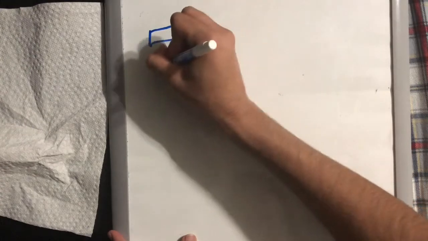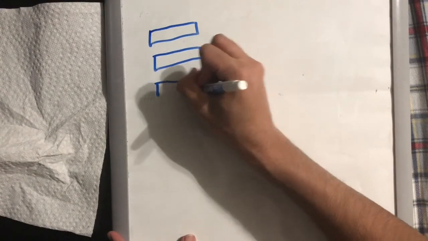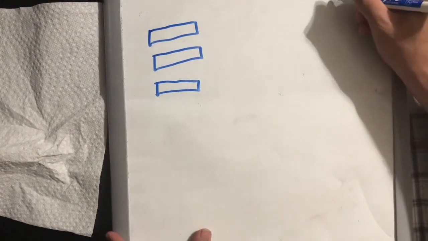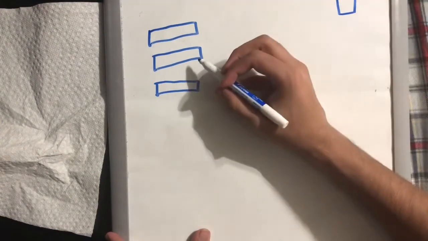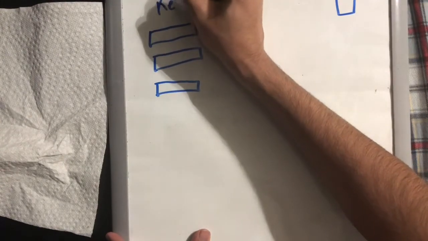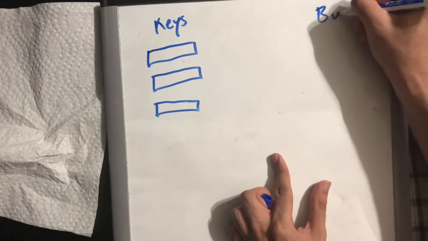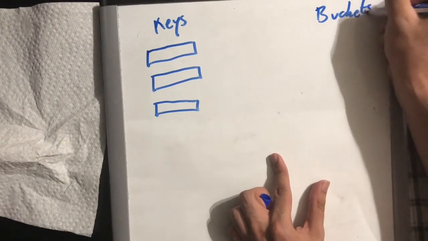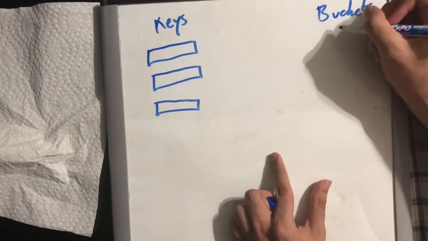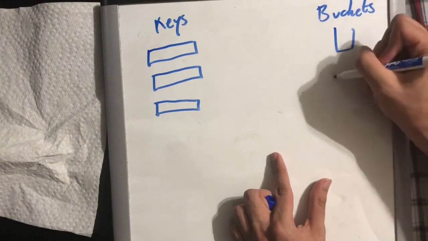So when we take a look at a hash table, usually we have keys, which are over here, and we have buckets over here. The buckets are the material or the object that we use to store our values in.